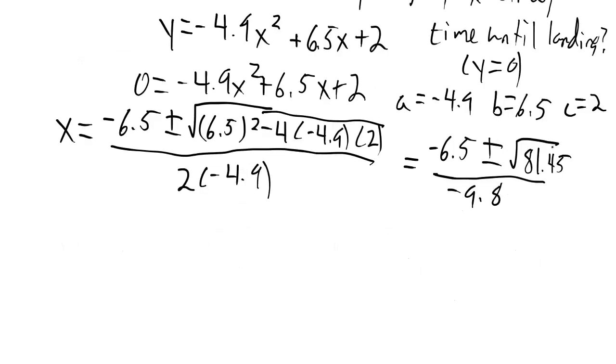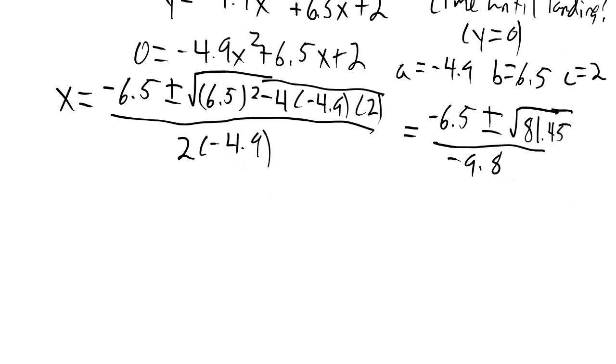Now, we have something that's not an easy square root here, so we're going to take the square root and figure out what that's equal to roughly. Our calculators, when we put that in, will tell us this is approximately 9.025. So let's use that for our number.